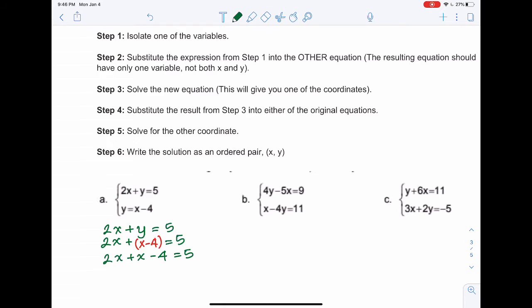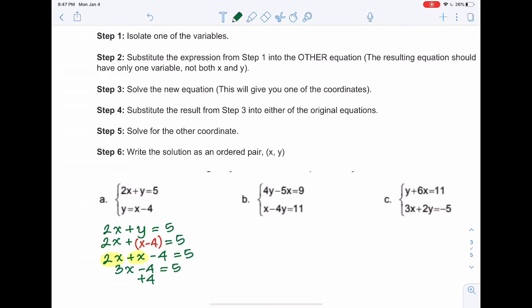I'm going to combine like terms, which we have here, 2x and also x. From here, we can continue solving this two-step equation.